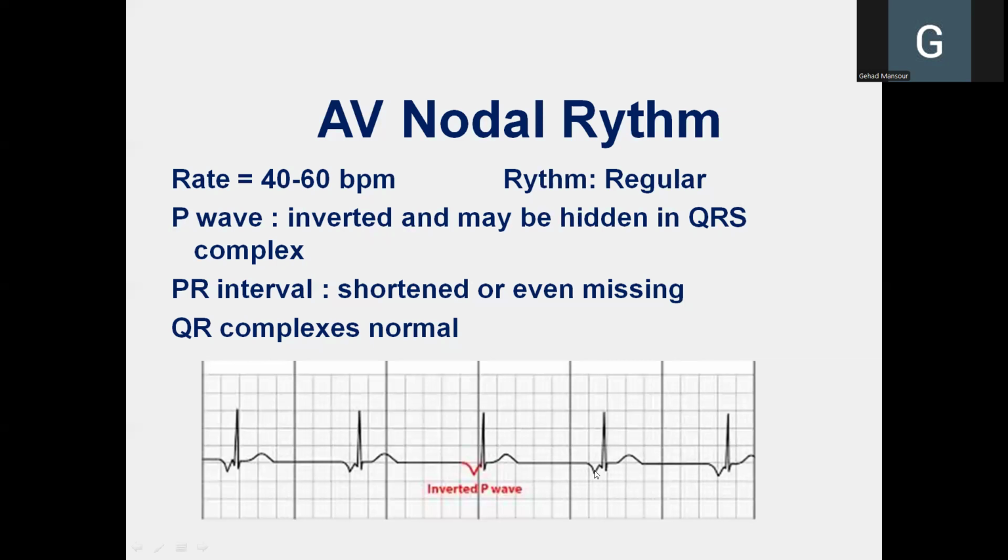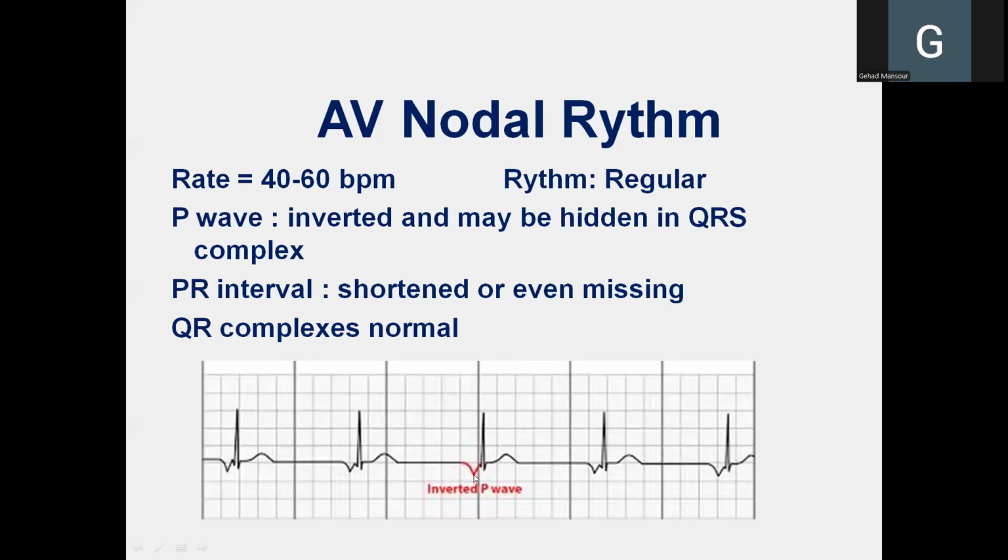What does this mean? What does the P wave represent essentially? It represents the spread of the wave of depolarization over the atria. So when the wave of depolarization came from the SA node, it came from above downward.